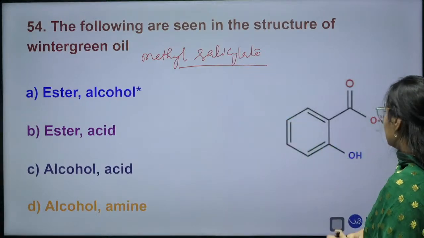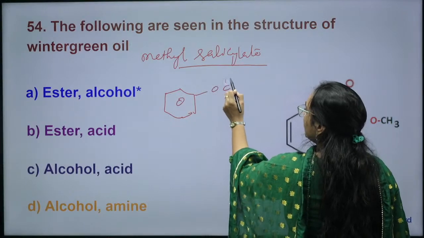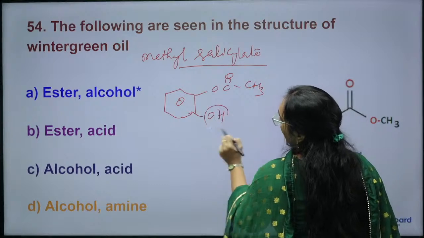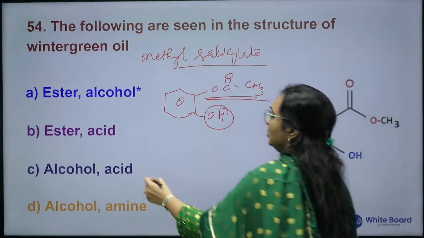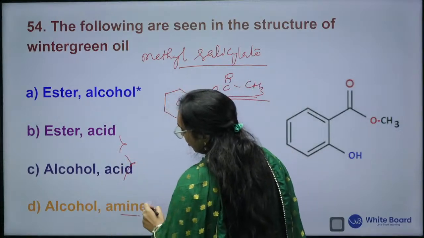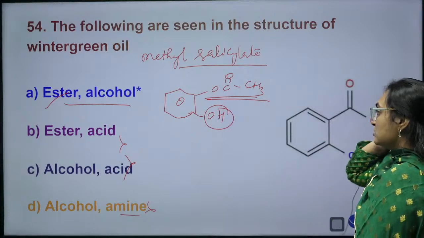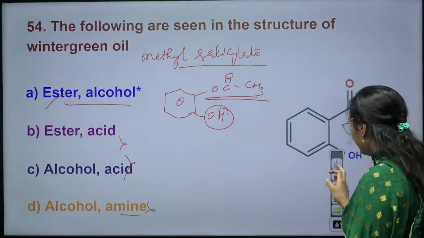So the structure has OCOCH3 and an OH group. An alcohol group is there, an ester group is there. Not ester and acid, not alcohol and acid, not amine: ester and alcohol. So wintergreen oil consists of ester and alcohol. Option is A.